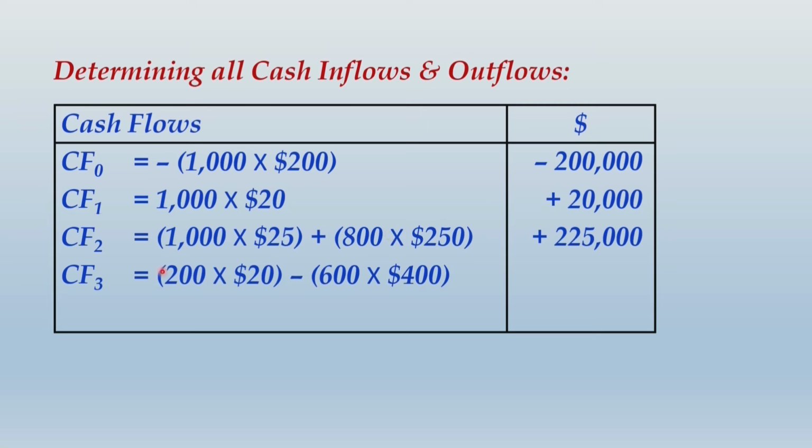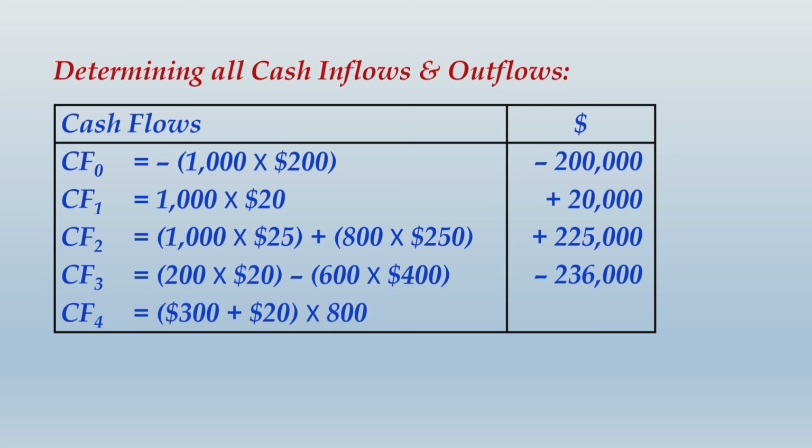Now dividend on 200 shares will be received, but additional investment will be made for additional 600 shares. So 600 shares into $400 will be $240,000, and from that you subtract $4,000 of dividend receipt. So your net cash outflow or the negative cash flow will be $236,000.